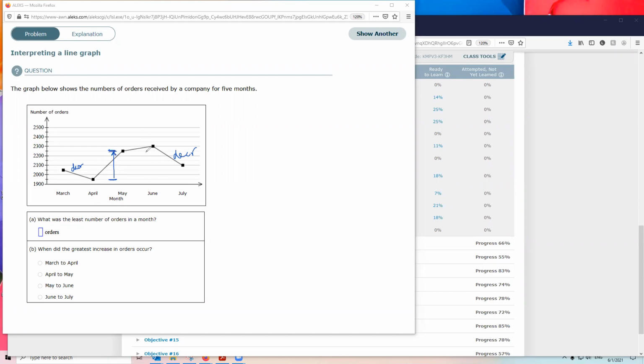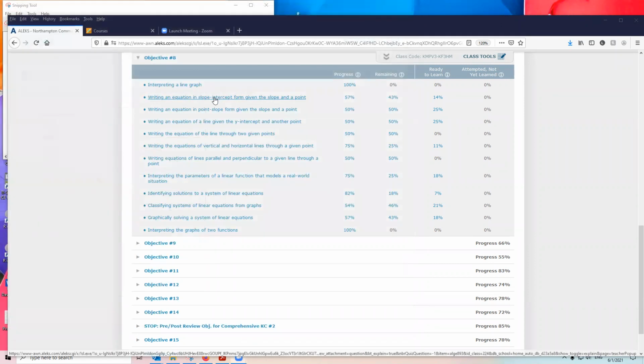For this part of the line, the increase went from here to here. I could see this is the greatest increase. So it looks like going from April to May was the greatest increase, so April to May. All right, so for this kind of question, you really just have to read the graph carefully and make sure you understand what the graph is representing so that you can answer the question.